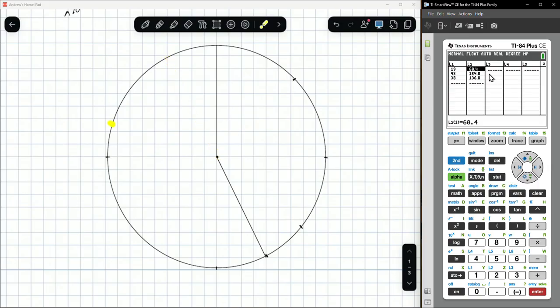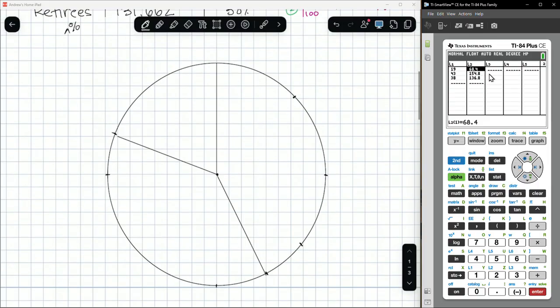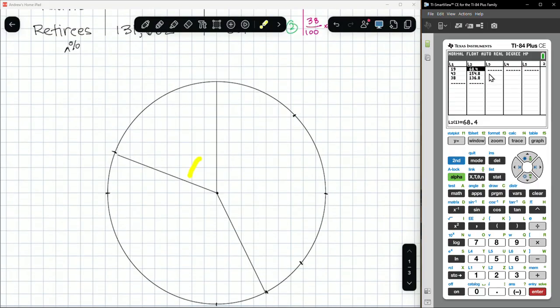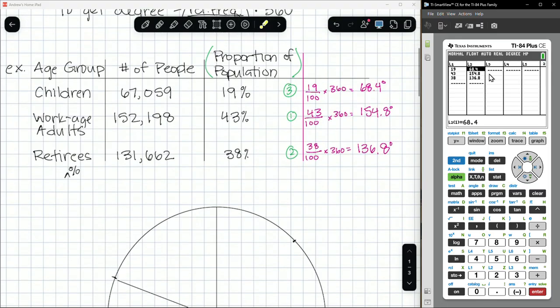I'm going to guess we're right about here if I had to take a stab at it. I think that's our second wedge, and then this last wedge should be our 68.4.